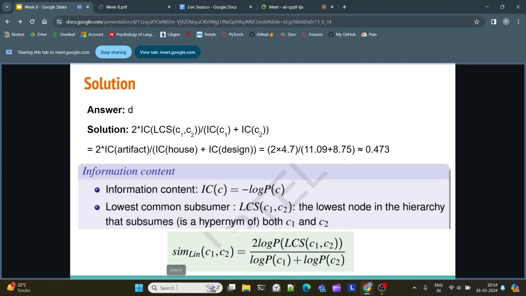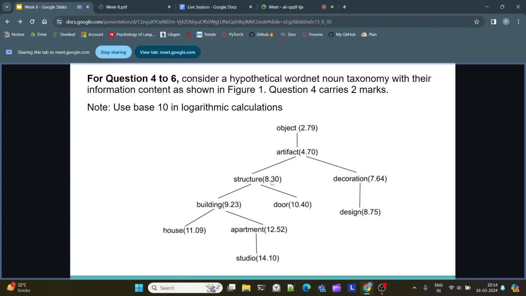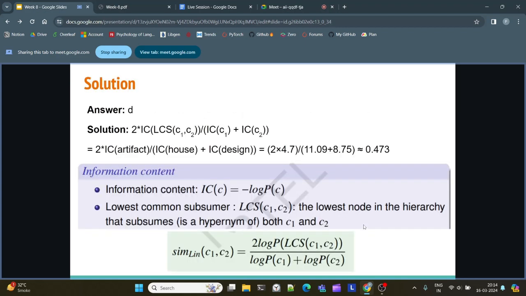One thing to note is it won't make much of a difference, but in the question we are given the information content, while the formula in the slides is based on the concept probability. How are information content and probability related?